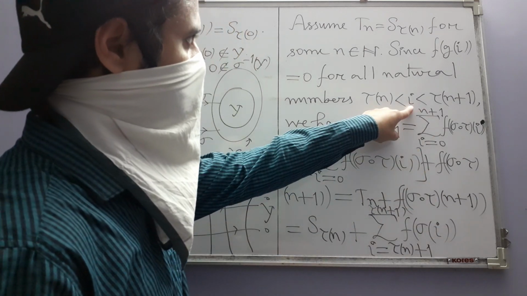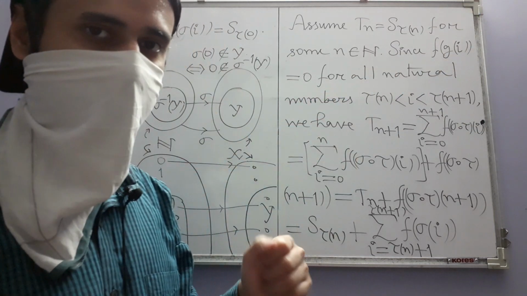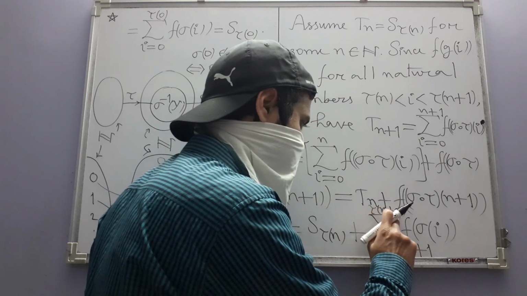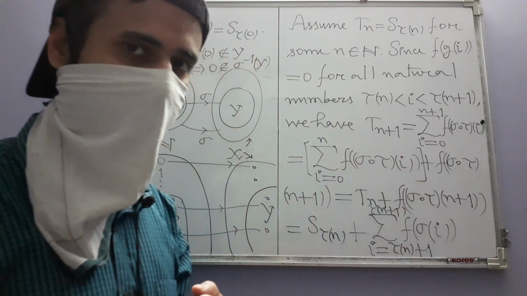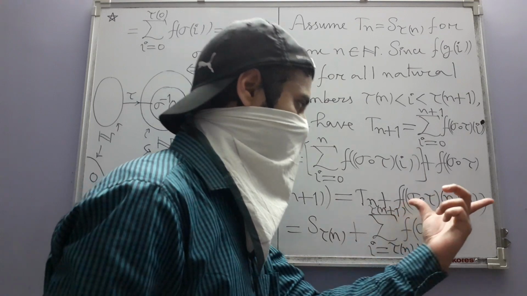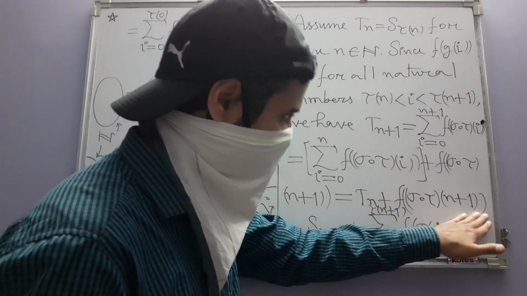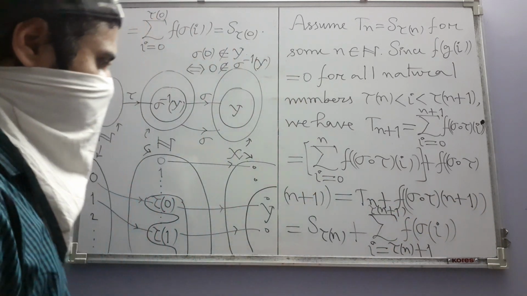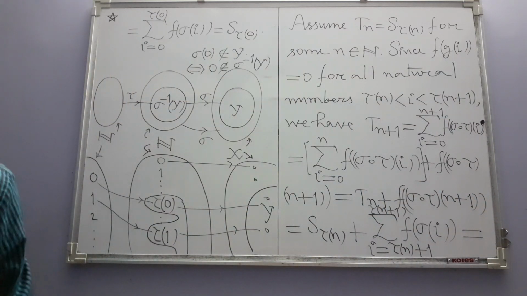But for such an I, the f of g of I is equal to 0. So until you reach tau of n plus 1, the f values are 0. So we have just simply written 0 values here, and the last term, when you take I equal to tau n plus 1, you get this single term. So that's why that last single term is in fact equal to this sum. And now the entire thing becomes what?